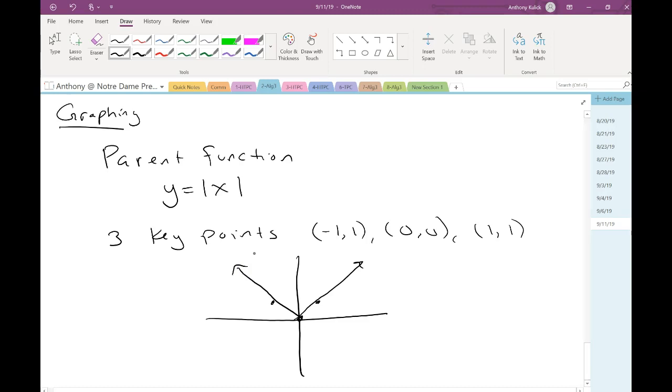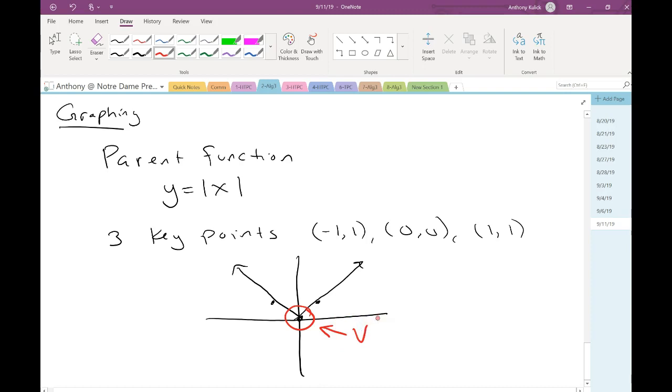So the graph of the absolute value function should look like a V. Everybody okay so far? This part of the graph, the point of the V, has a special name. Do you know what this point is called?